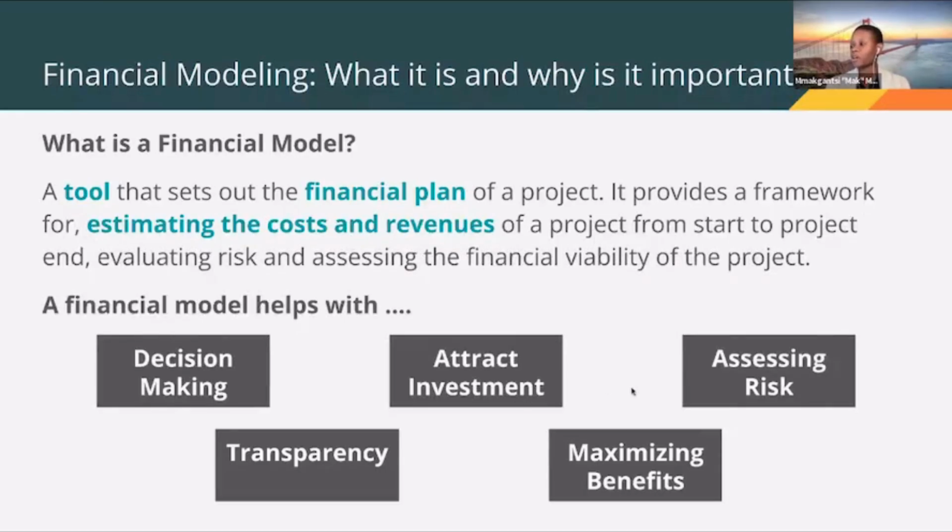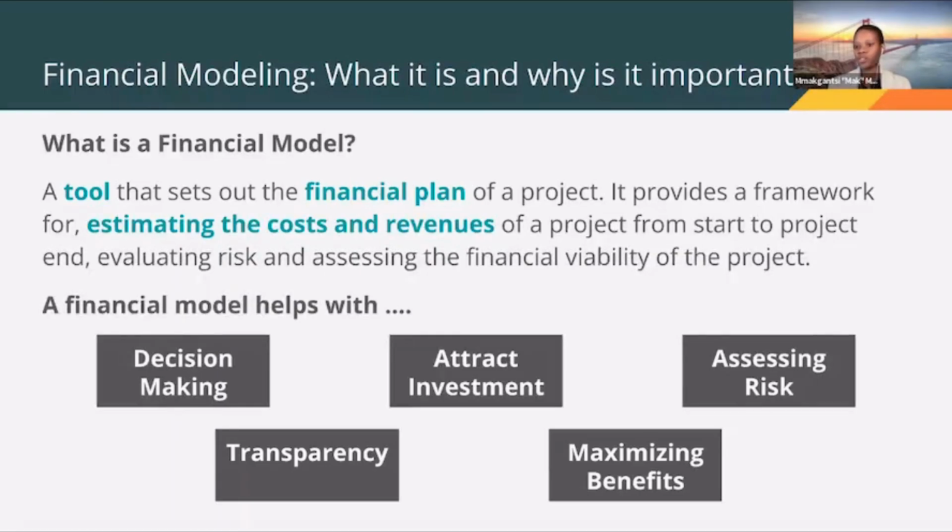Another aspect of what the financial model allows for is assessing the risks associated with the project. For example, there may be technical risks such as equipment failures, and with your financial model, you can include things like equipment reserves and mitigate the risks that way.